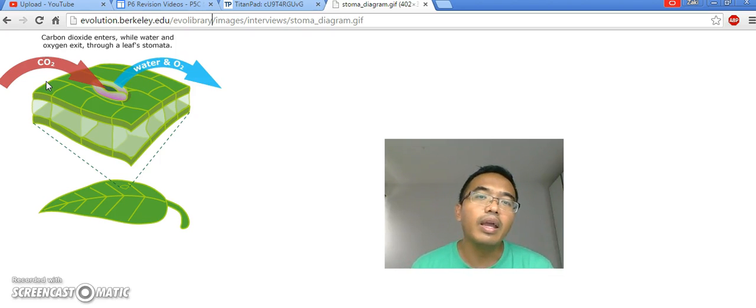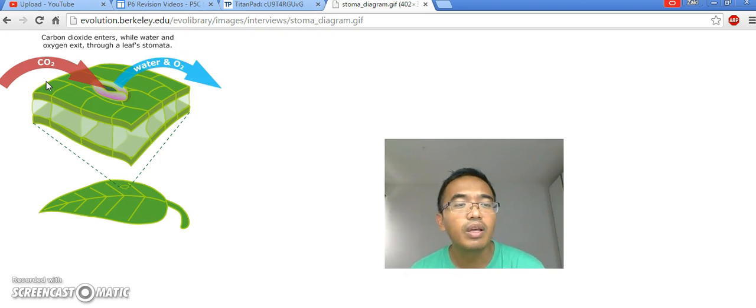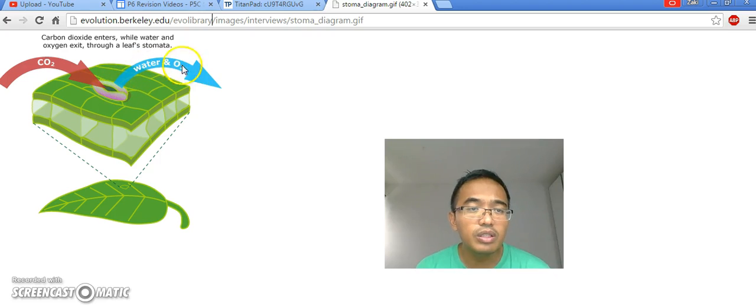All right, and after that, the leaf uses the carbon dioxide together with the water and the sunlight. In the presence of sunlight, glucose is made, and oxygen is given out. So here you have oxygen given out.